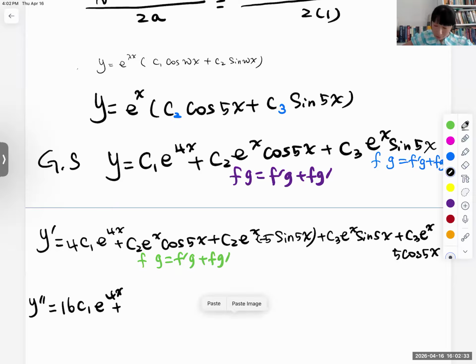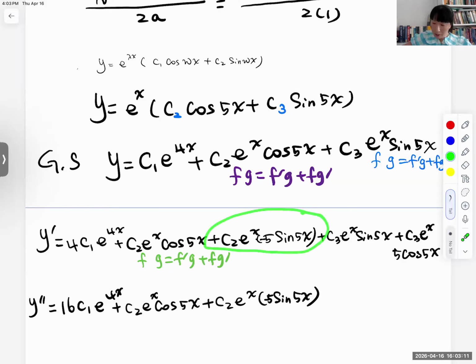So that will be c sub 2 e to the x cosine 5x plus f, which is the c sub 2 e to the x, g prime, which is negative sine 5x times 5, right? Okay, we finished that. Okay, now we are doing this one. It's negative.